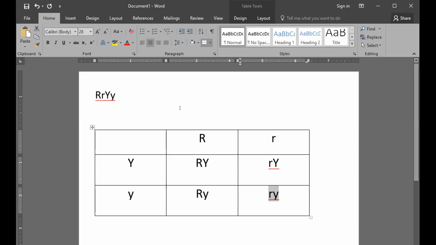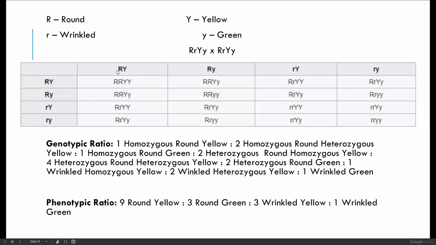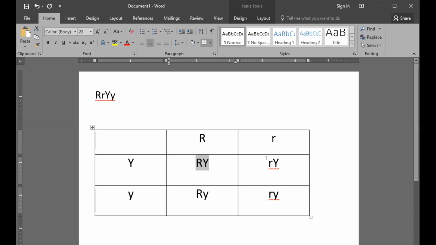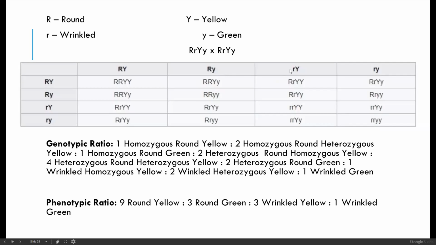You look at the variables, capital R and Y. So it's in there, capital R and Y. How about the second one? The small letter r and capital Y. Let me check. Small letter r and capital Y. It's in there, right? Yes, sir.